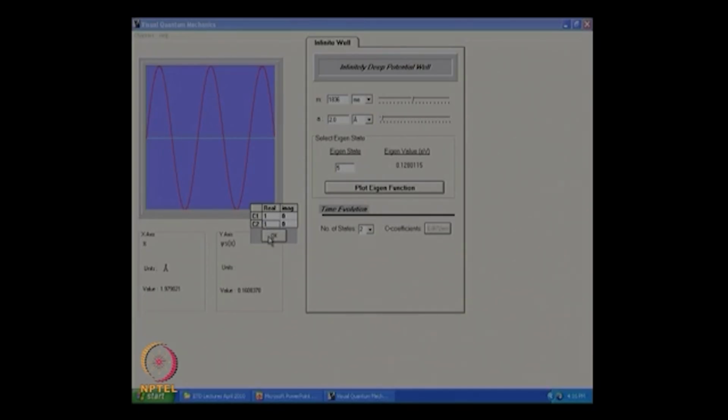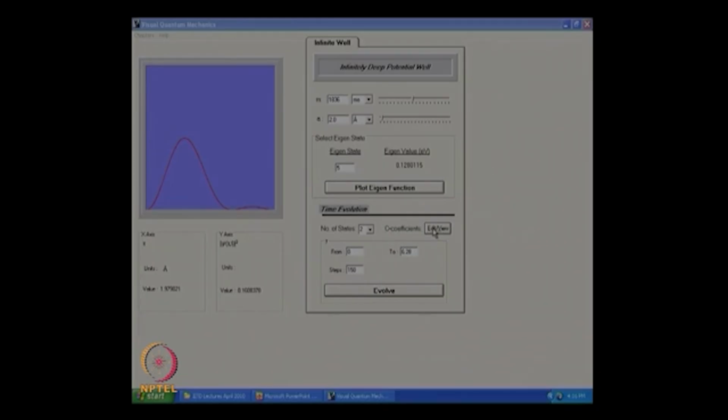The coefficients are not normalized. Do you want the program to normalize them? The wave function has to remain normalized, so let us say yes. So, I am superposing two wave functions, and then how will it evolve with time? This is the probability distribution function as it evolves with time.